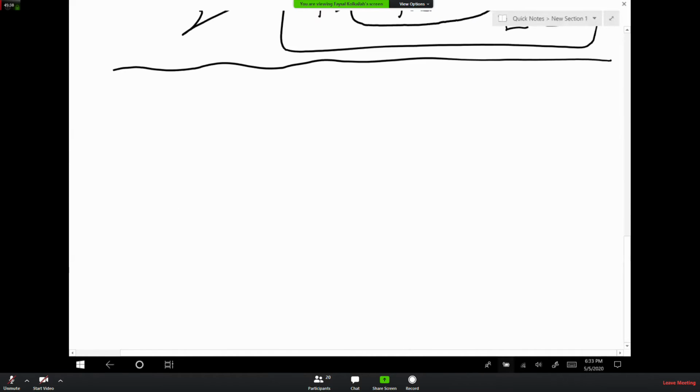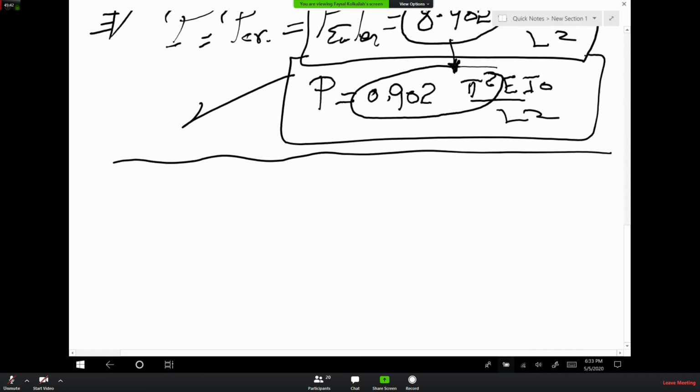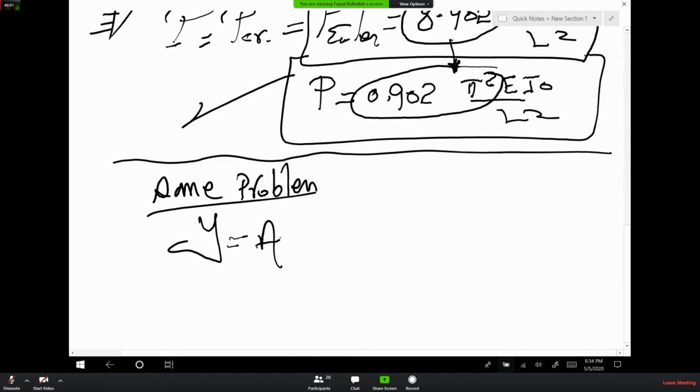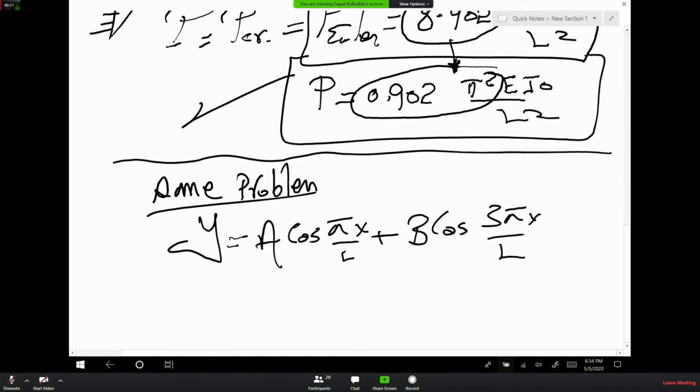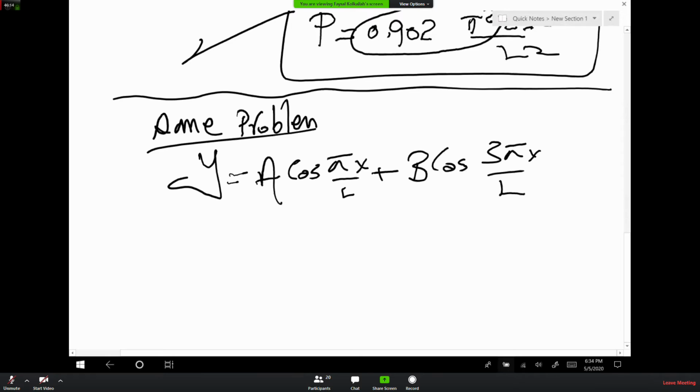What we just finished, we came up with this answer. We assumed delta y with only 1 trig term, a cosine. Now I am gonna do this same problem, but I'm gonna say y equals a cosine pi x over L plus b cosine 3 pi x over L. Do you expect this to give me a better answer than the one before? This one, yes? So you're right.